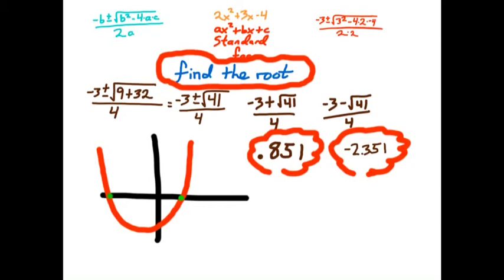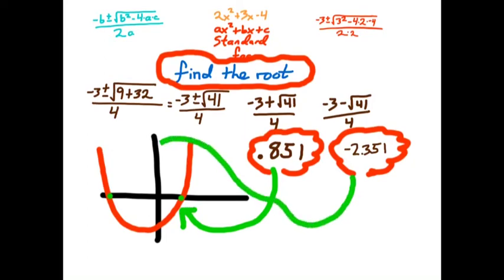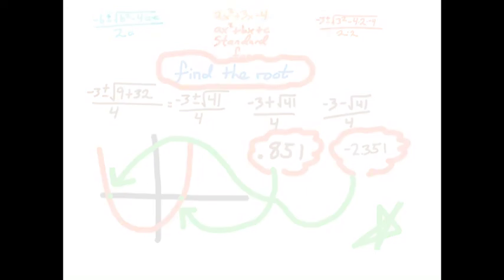This 0.851, well, there it is right there, and this guy right here, that negative, he's sitting right there. And that's it. Voila, you're done. Give yourself a nice gold star because you deserve it.